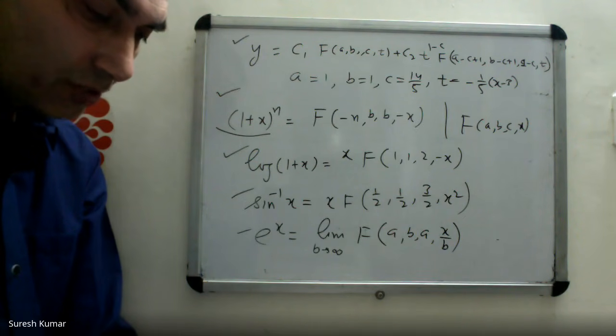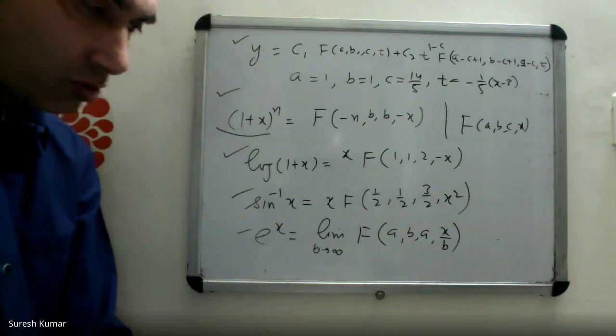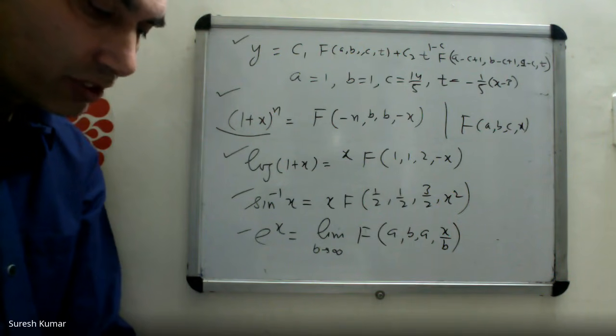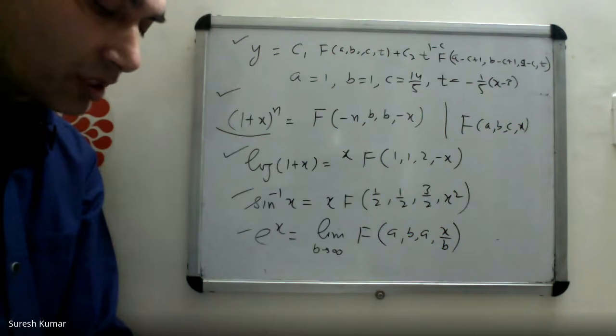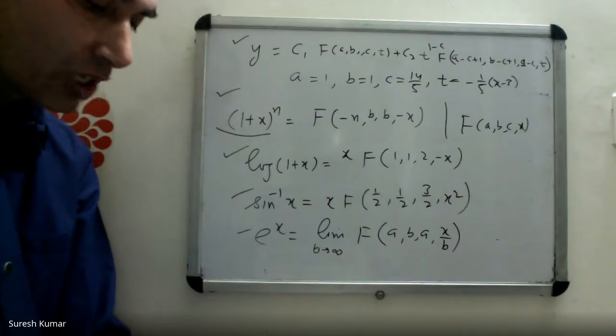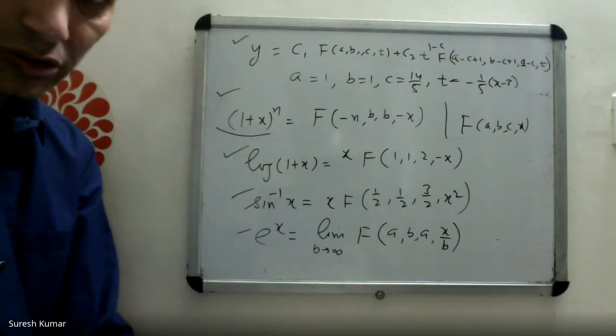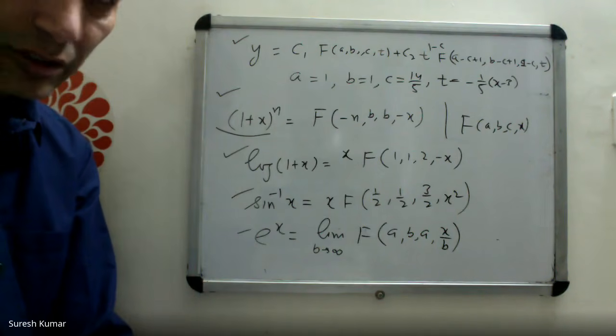So regarding the hypergeometric differential equation, what do you need to know? The general form of the hypergeometric differential equation. Then you should know what the hypergeometric function is, the particular series. After that, you should know which class of differential equations can be solved using hypergeometric functions.